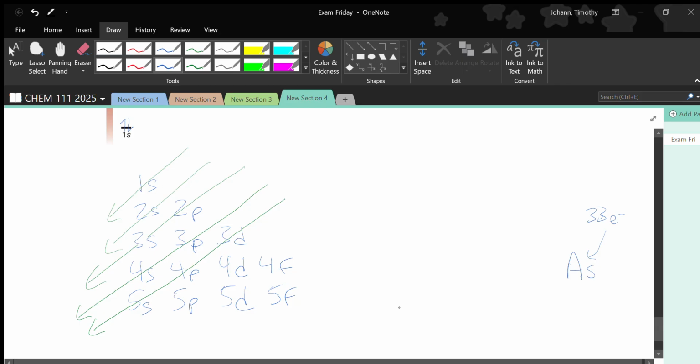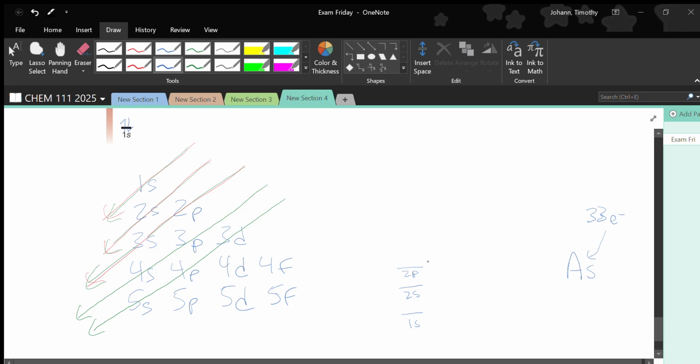So our diagram is going to have 1s at the bottom. It's going to next have 2s, right? I'm following my diagram here. So write 1s, 2s, 2p, 3s. 2p has how many orbitals in it? 3.